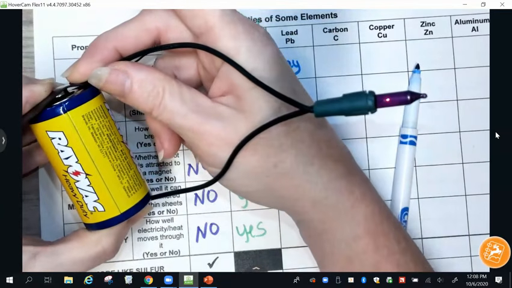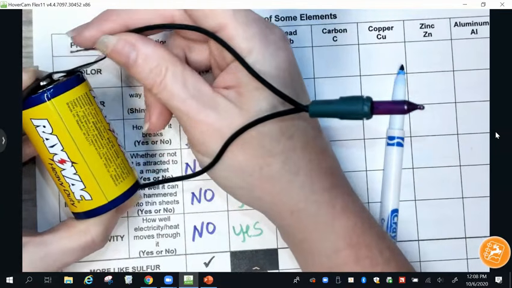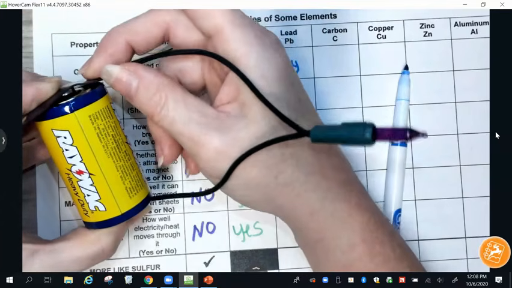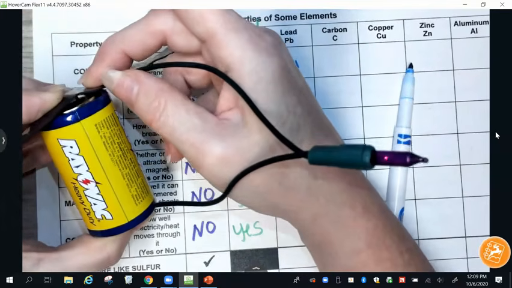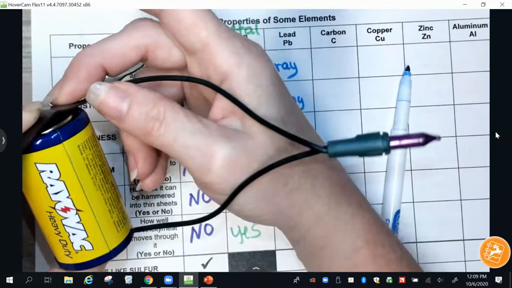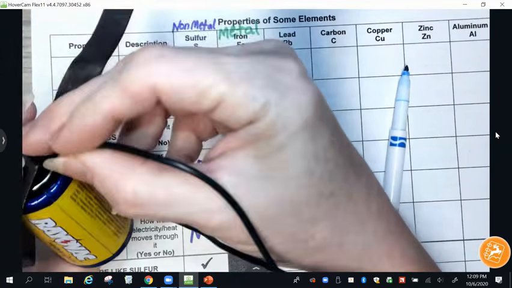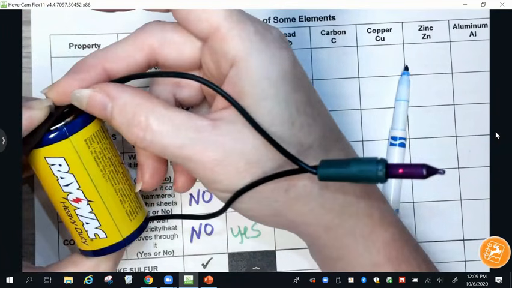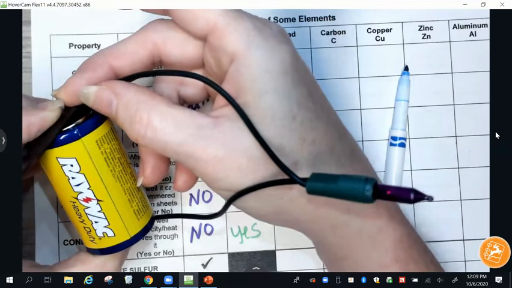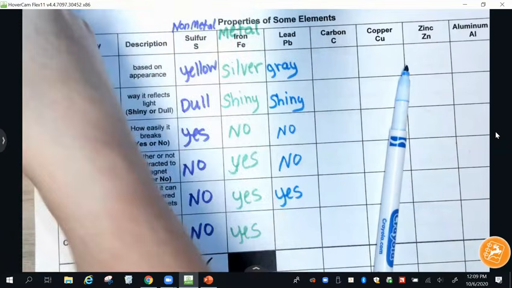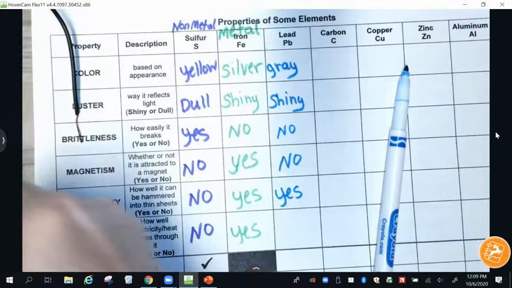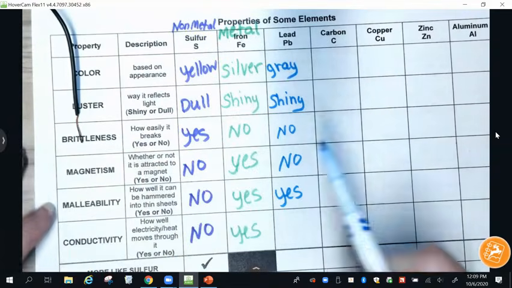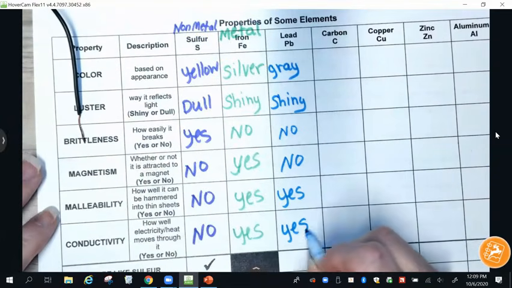I take it off, and I put it back on, and there you go. It's because of the glare. I'm trying to move it. There you go. Now you see it. You can see the light. Looks like a mini red fire in there. Okay, so here we go. For conductivity, we're going to say yes.